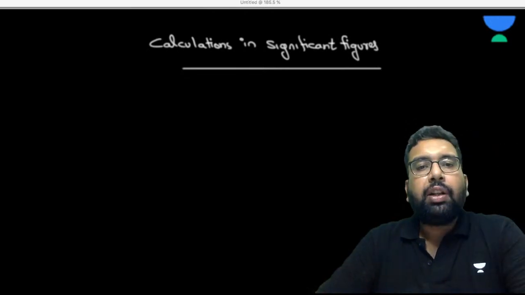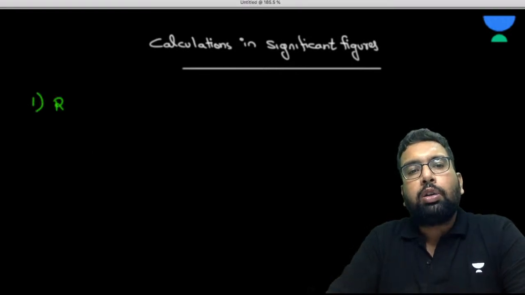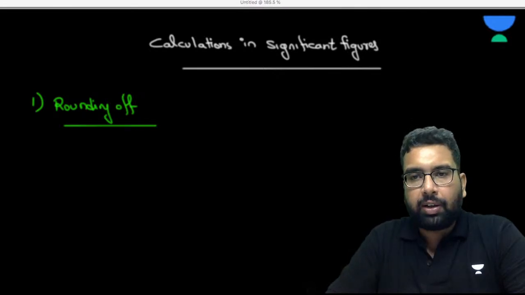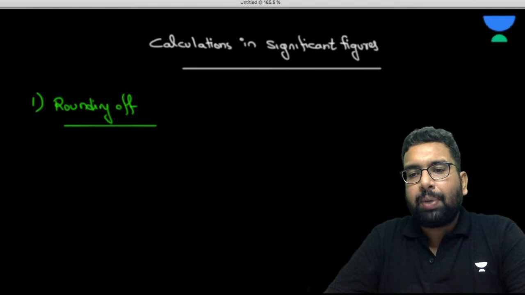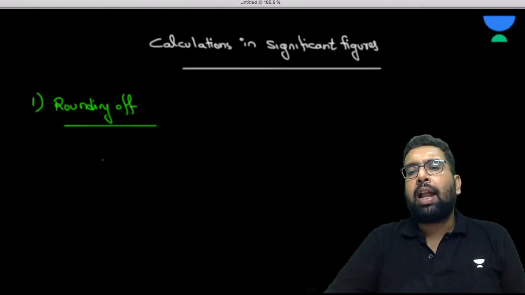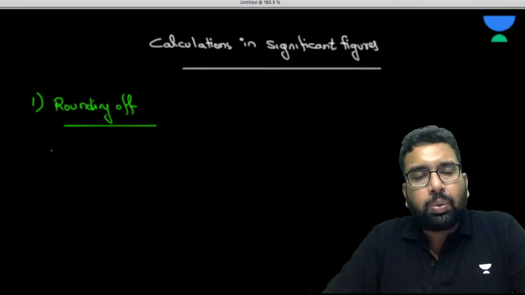First of all, we need to understand the rule of rounding off. So, rounding off means what? Have you ever used a calculator? A calculator does some rounding off of figures. Let us take some problems to see the rules of rounding off.